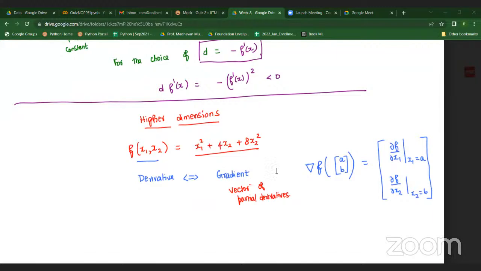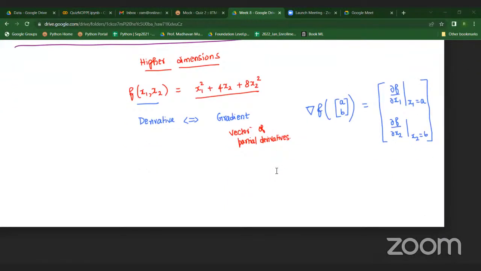Okay. So initially we had xt plus 1 equals xt minus eta into f dash of x, right? Here also we have the same thing. We have xt plus 1 equals xt minus eta into gradient of f of x.